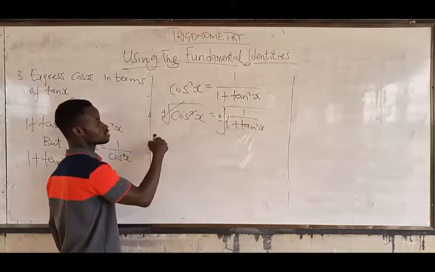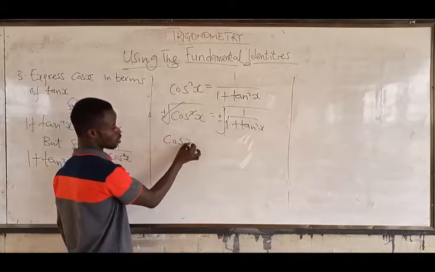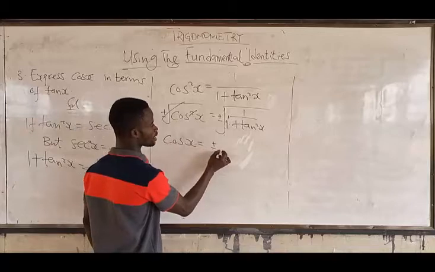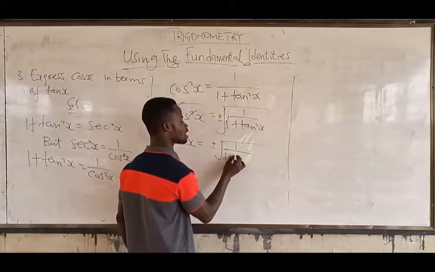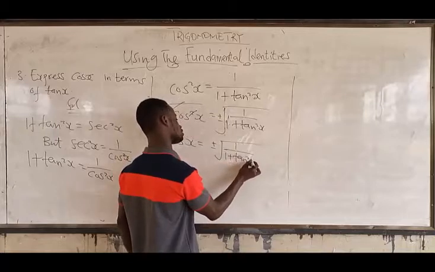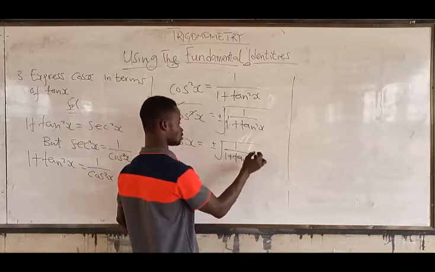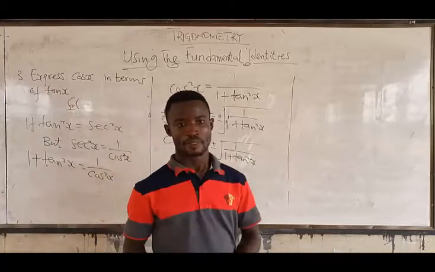So cos x will be equal to plus or minus the square root of 1 over 1 plus tan square x.